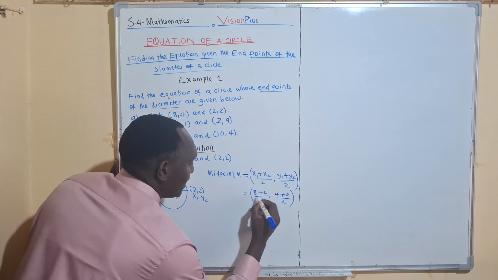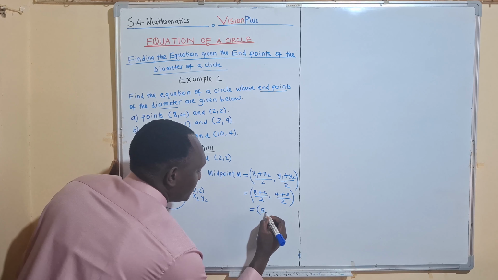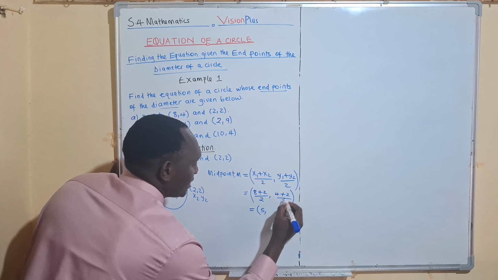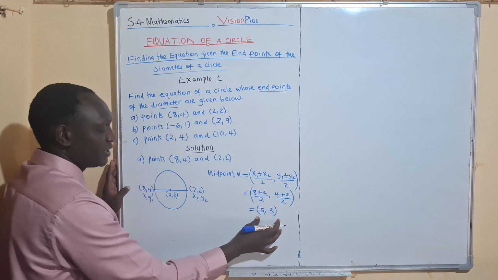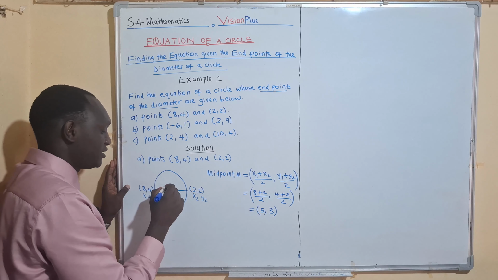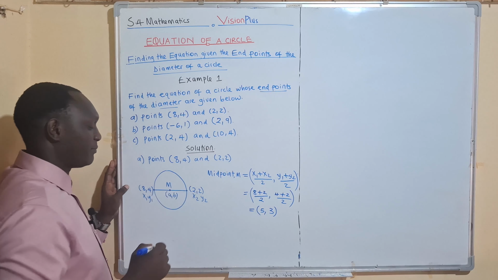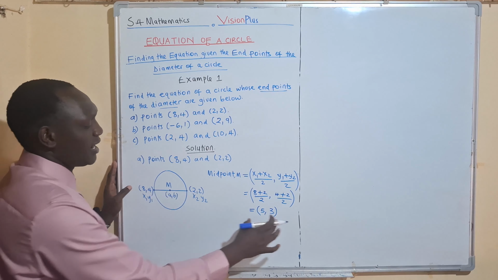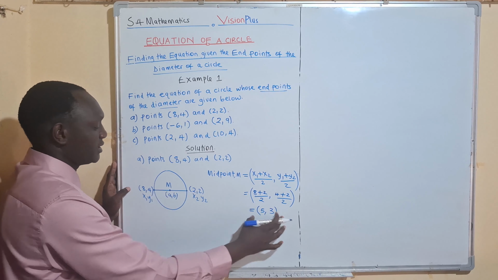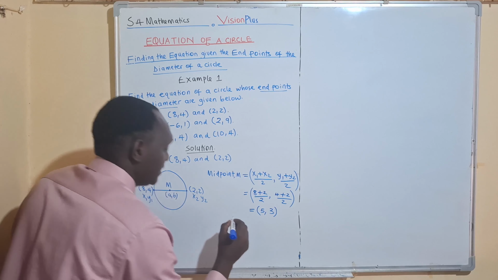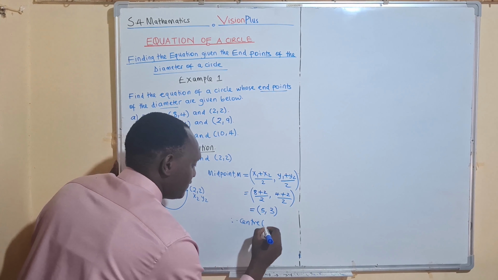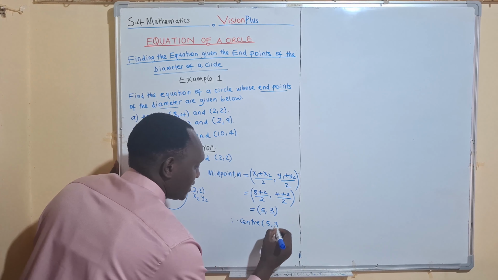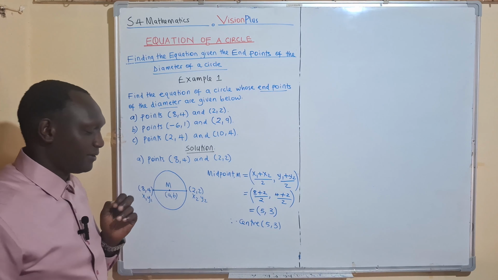That means 8 plus 2 divided by 2 is 5. 4 plus 2 divided by 2 is 3. So these are the coordinates of the midpoint, which is in the middle here, midpoint M. After getting the coordinates of the midpoint, those are the coordinates of the center. Therefore, the center of this circle is at (5, 3) in that manner.